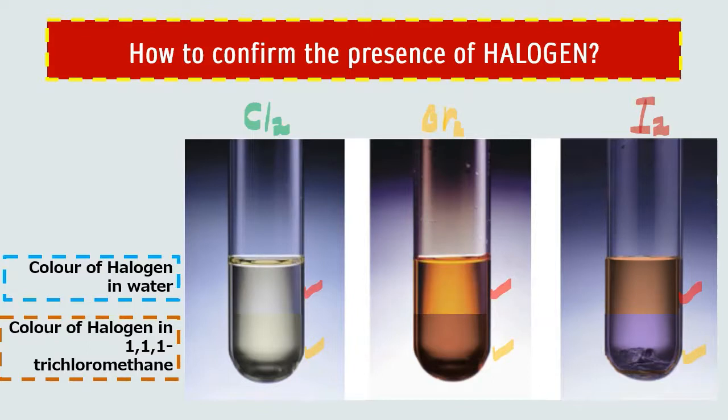These different colors in 1,1,1-trichloromethane can help us to identify the presence of halogen molecules.